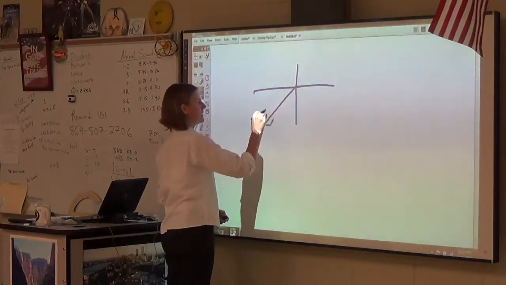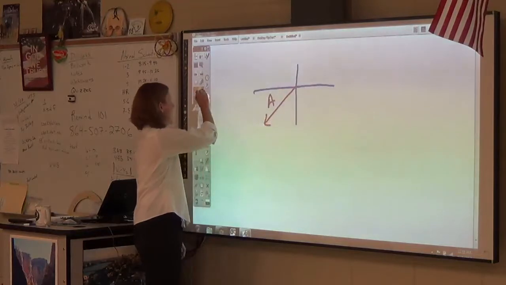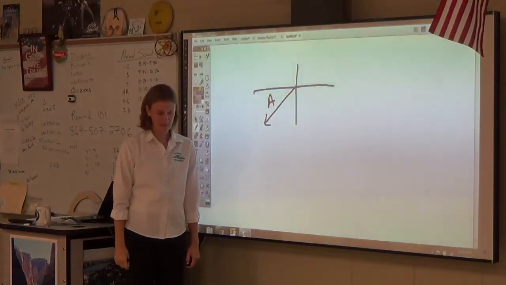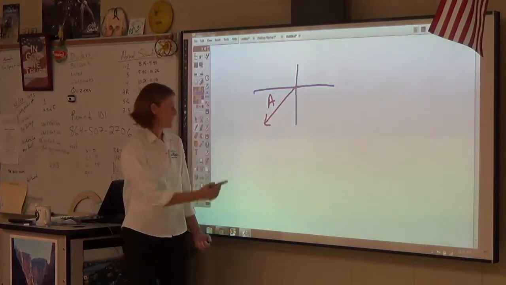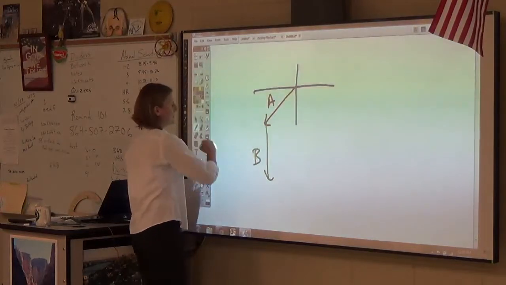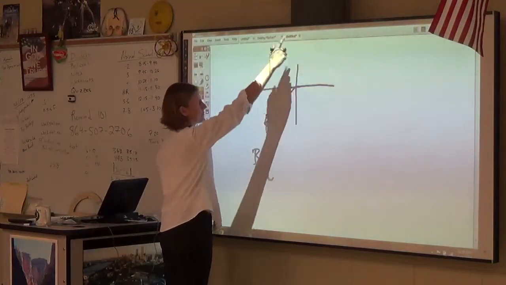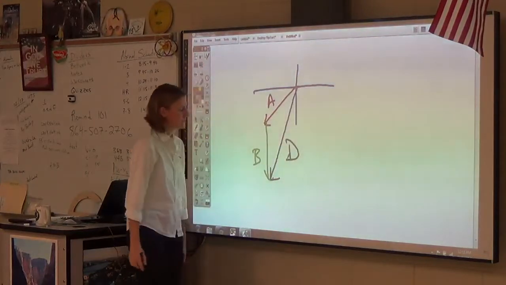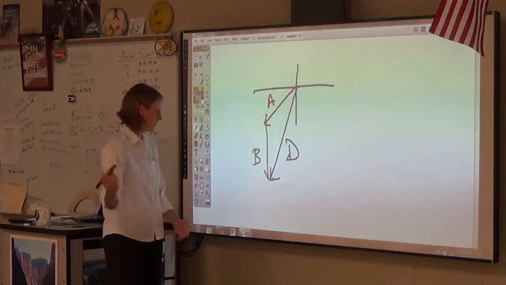So that was A. If you're adding B, which way? Or if you're adding the opposite of B, a straight down line. Just adding a straight down line. So here's B. So vector D, which was A minus B, of course B was up originally, would be that. So what are the components of D? Still negative and negative.